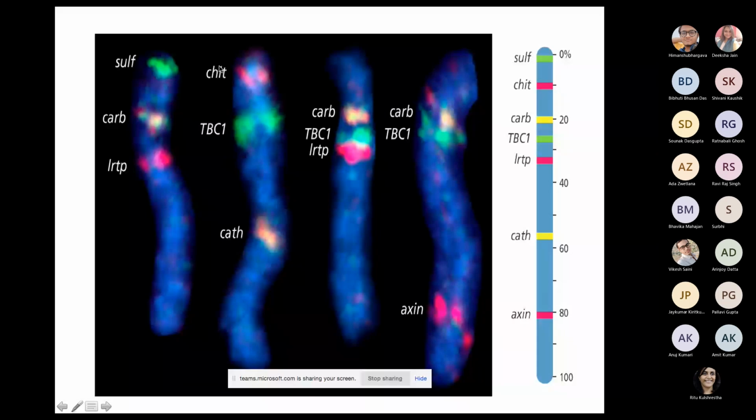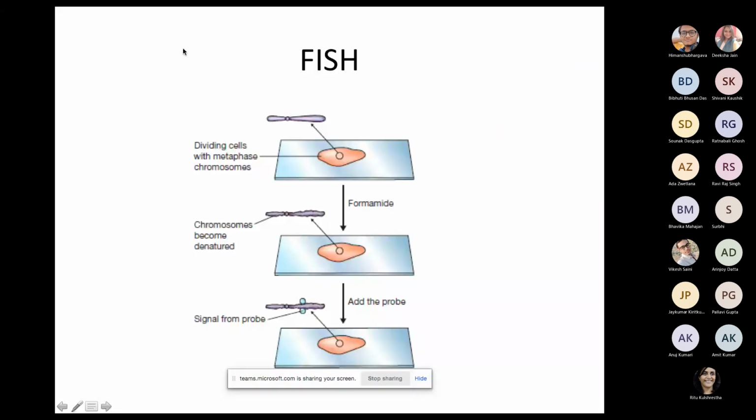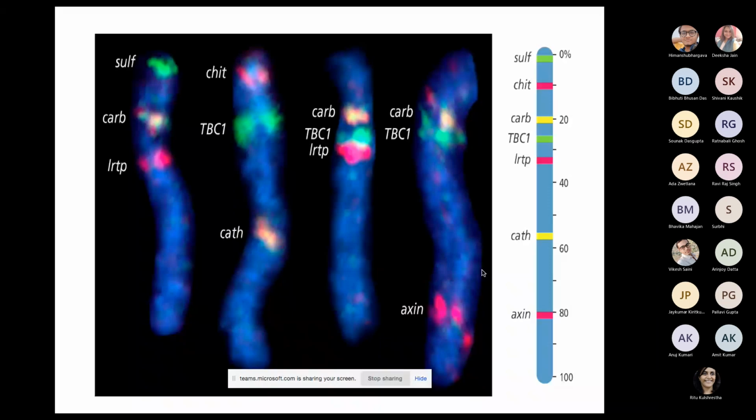Then I hybridize it on a cell. I take tissue from that organism, macerate it into single cells, and put it on a slide. I should ensure that it is at the metaphase stage. Then I probe it. I will see that this particular gene is hybridizing towards the end of this particular chromosome.